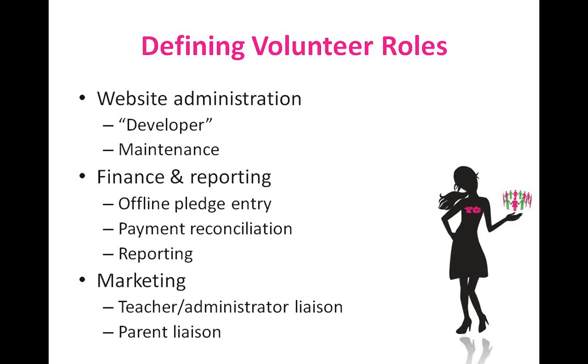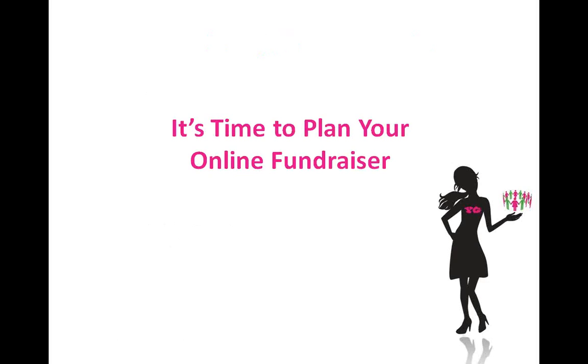So I suggest focusing your marketers on the teachers and the administrators to get them excited about the campaign. And then also parents. Really focus the message on parents, how easy this will be, and really make sure that they're getting their questions answered and get them excited about doing this online and blasting the world with their requests to support their kid. So I've gone through most of the stuff about preparing to go online.